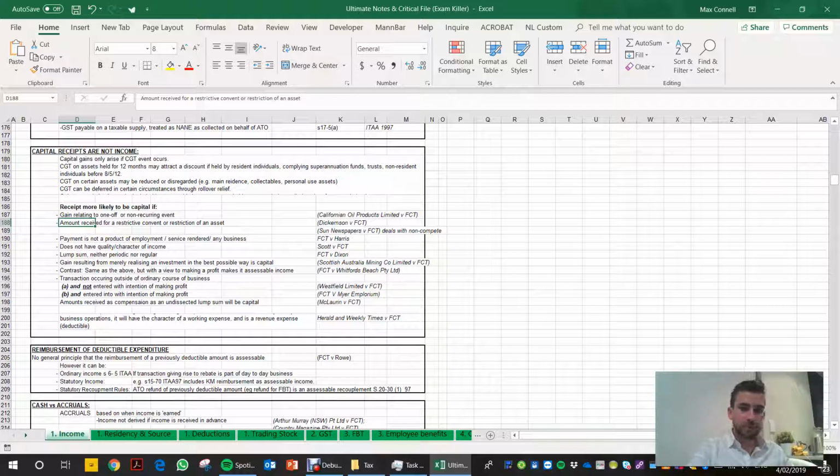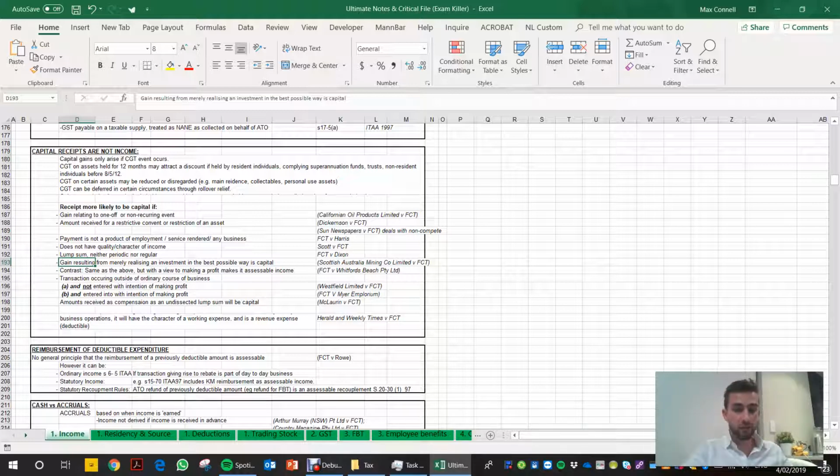Gain resulting from merely realizing an investment in the best possible way is capital. So, for example, there was a case, I believe, where a shopping center was holding on land for a long period of time, and they realized the investment to maximize their cash because that was a change of business strategy for them, but it would result in more money coming in for them.